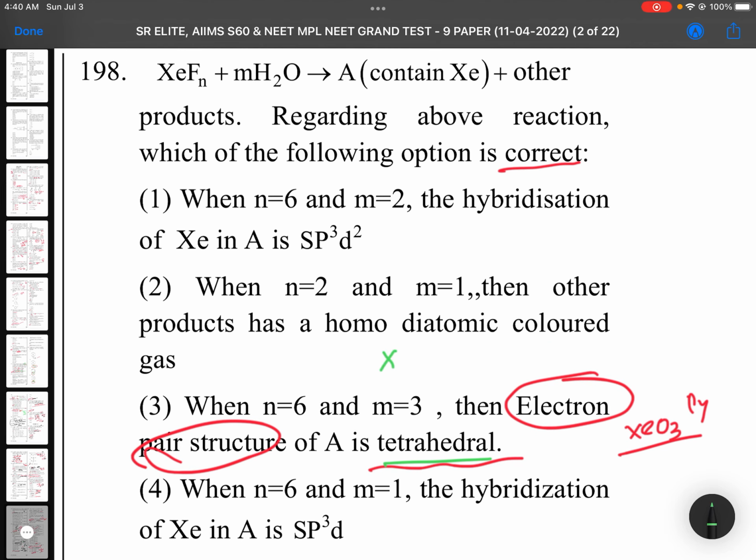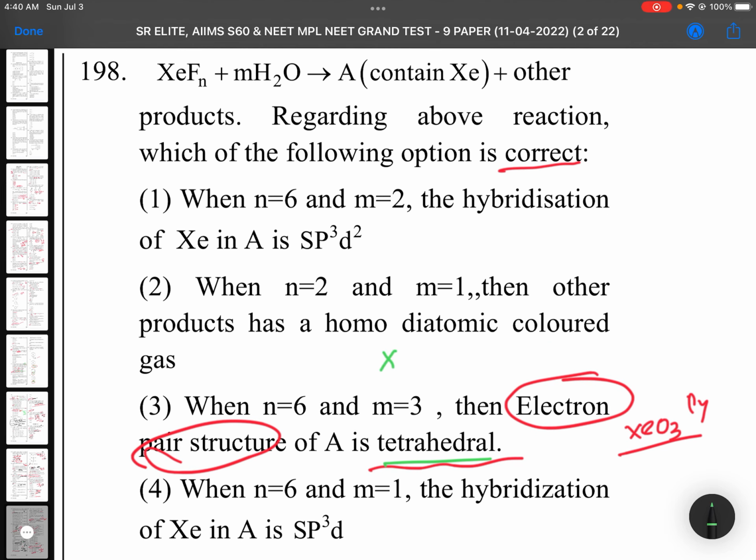Okay. So when n is equal to 1, m is equal to 1, the hybridization of the xenon is, now the compound will become like this, you see, XeF6 plus 1H2O, right, 1H2O. So it forms 2HF plus XeOF4.